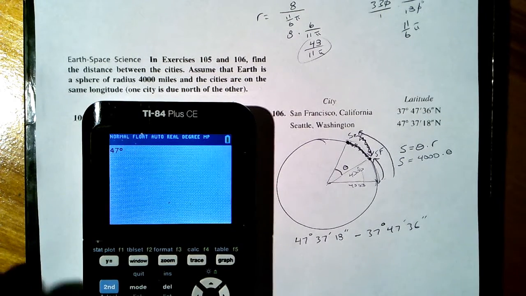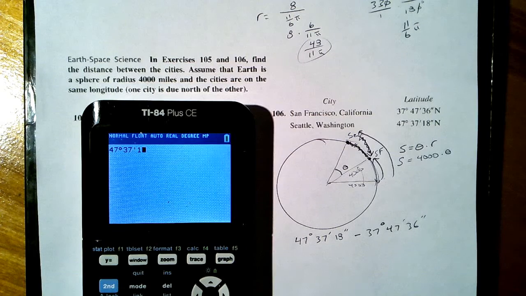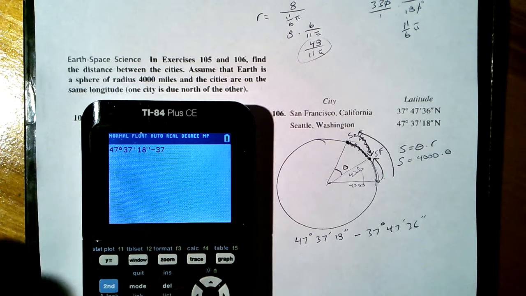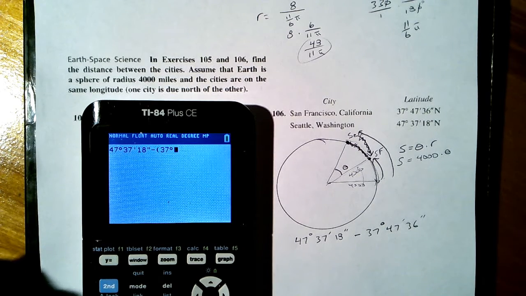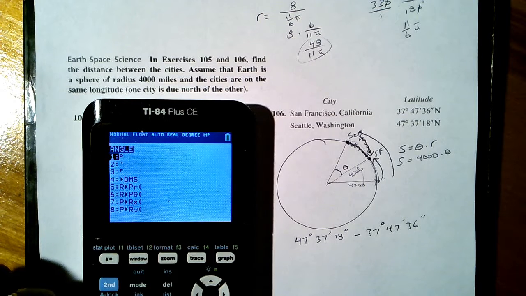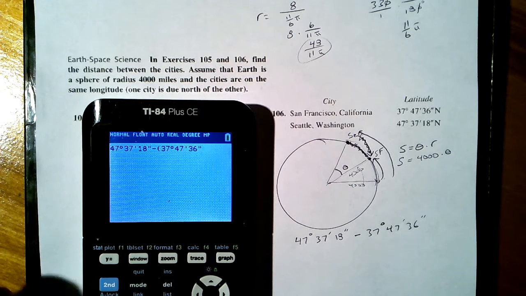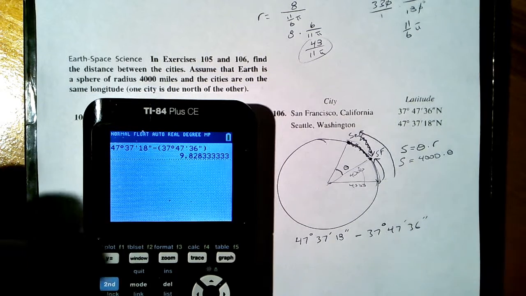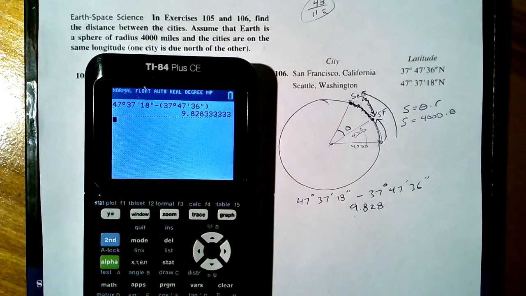So here we got 47 degrees, 37 minutes, 18 seconds, minus 37 degrees, 47 minutes, 36 seconds, and I get 9.828.